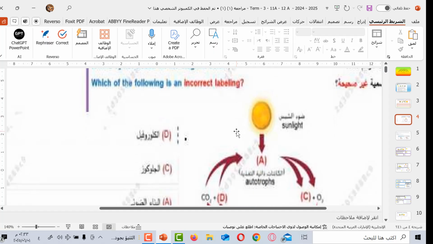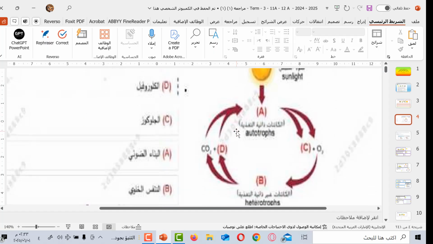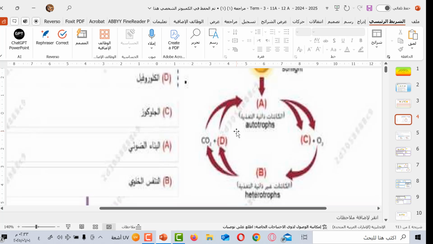One of these is incorrect labeling. A is autotroph, B is heterotroph. What's C, D, and E?